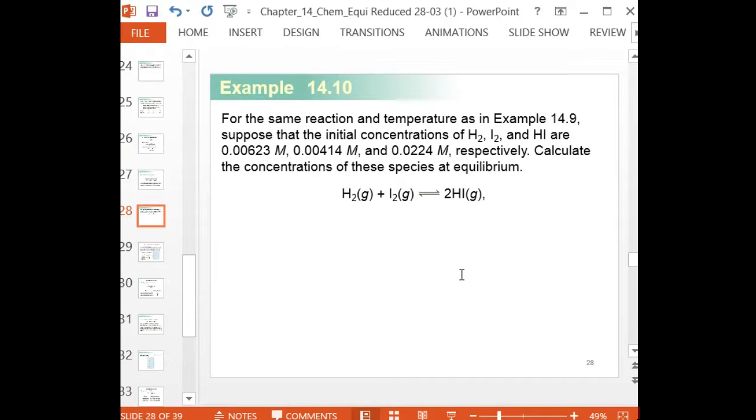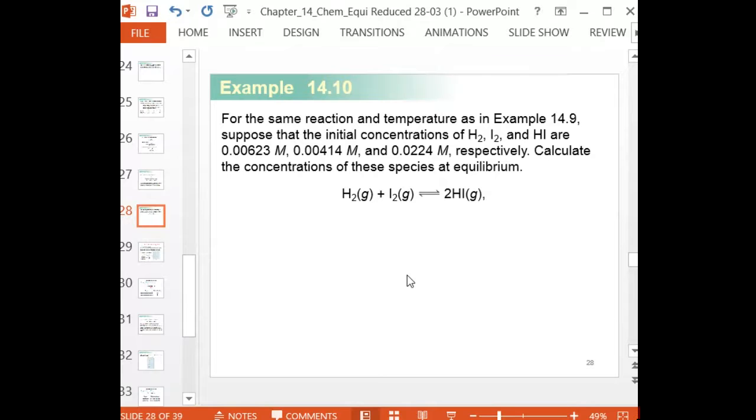Alright, so this one is almost complete. This is another equation we have now. In this case, there is a little change in this question. The K value is already there, the same as written here in example 14.9. Suppose the initial concentrations of all these are written here.